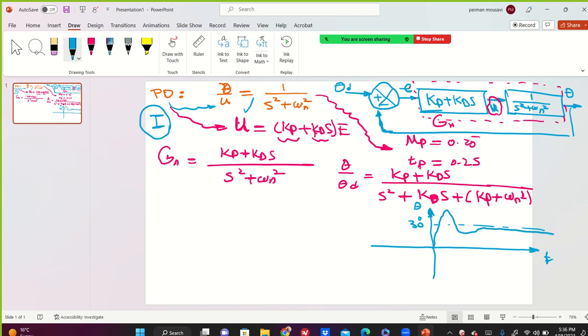By giving that 0.2 seconds as the peak time, as your boss wants, and the maximum overshoot of 25%. But we have a small value of the error signal, E steady state. So we have to fix it. We have to remove it as a control engineer graduating from a mechanical engineering course.